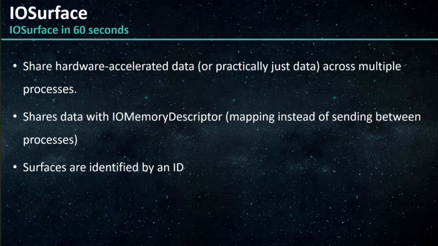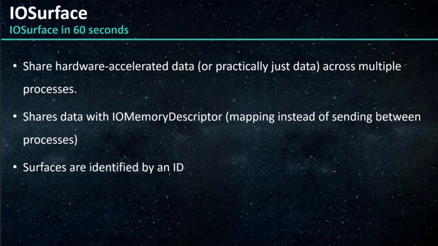So instead of sending gigabytes of information, you can just send an IO surface object. The process asks the kernel to map the data that the IO surface object handles, and then the kernel just maps the data. So it's just the mapping of the same physical memory, which saves a lot of time, and it's a very convenient way of passing a lot of information.